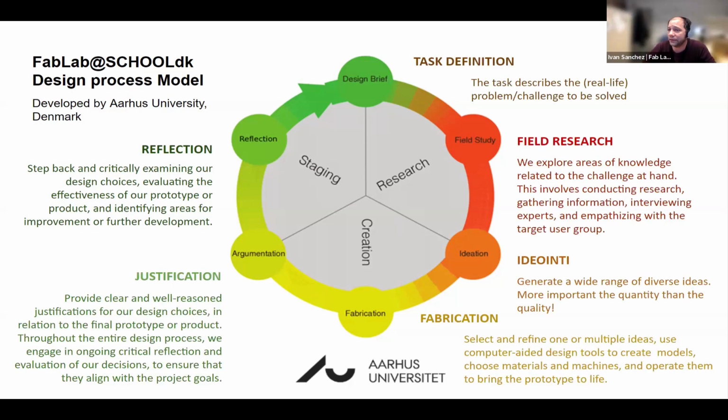So in the end, this design process model, starting from a design brief, field study, ideation, fabrication, argumentation, and reflection, is very useful to follow when you are defining a project in which you are going to use digital fabrication.